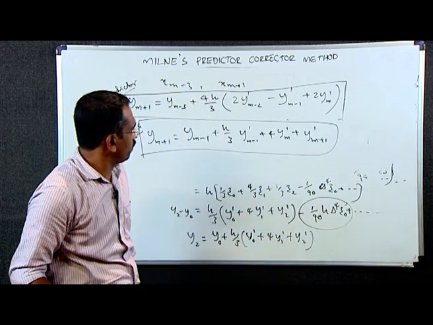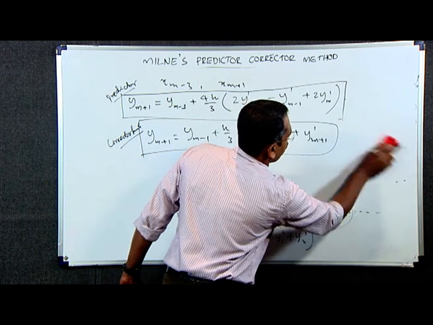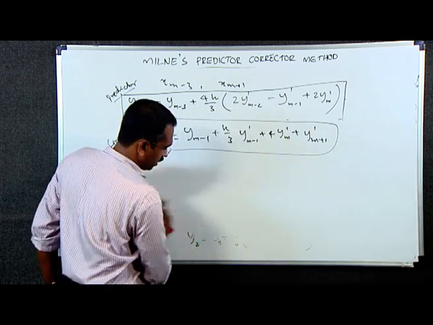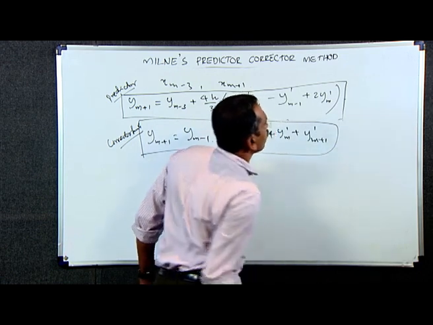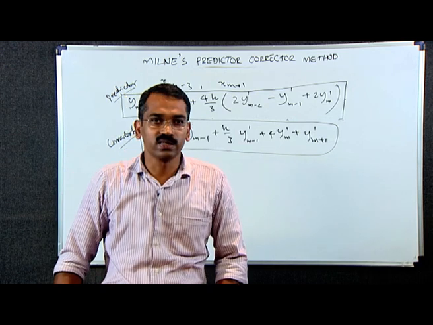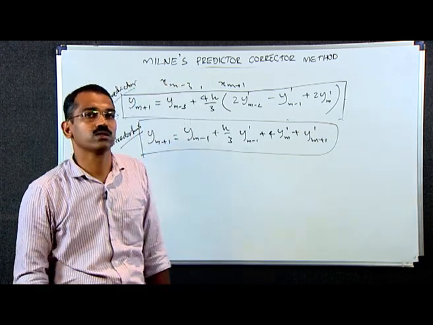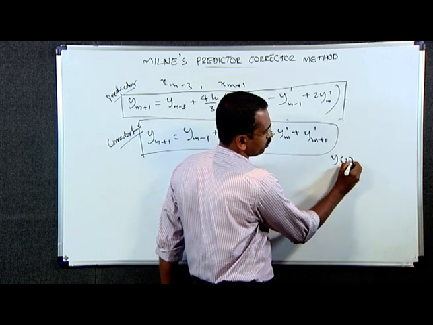Now, we have to do an example for this method. Using Milne's predictor corrector method, find y of 2. We want to find y of 2.